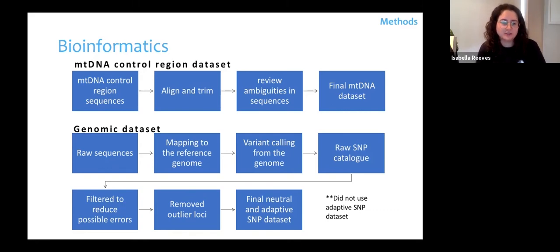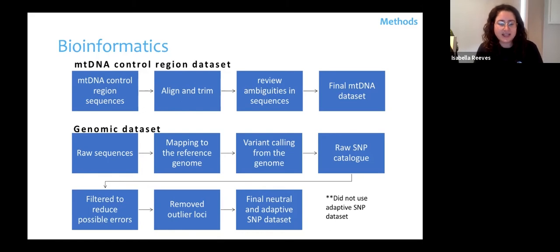In terms of the genomic data set, we had our raw sequences, which we then mapped to the reference killer whale genome. And we then called our markers from this genome, and this led us to having our raw SNP catalogue. So SNPs are the genomic marker we are using, which we then filtered to reduce possible errors. So these might be errors from the genotype calling stage, for instance.